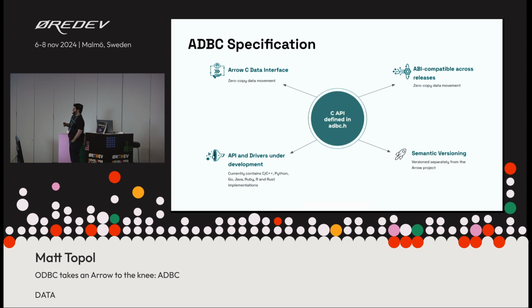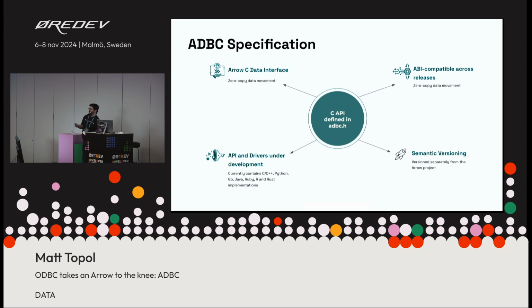Currently, we have a Snowflake driver. There's an in-progress BigQuery driver, Postgres, SQLite. DuckDB implements the interface, and so on. And of course, we semantically version it, so it's easy to keep track of and know when you need to update the protocol, when you need to update your driver, to ensure that zero-copy maneuverability.